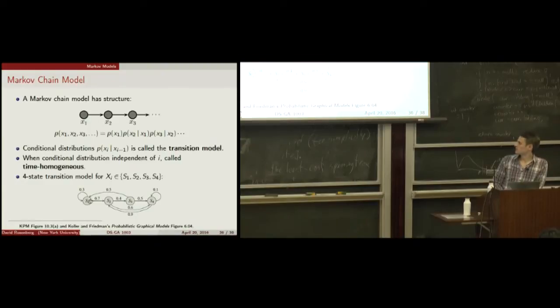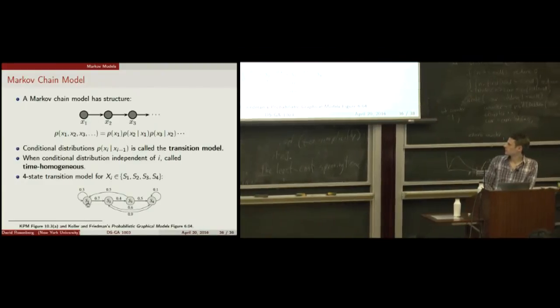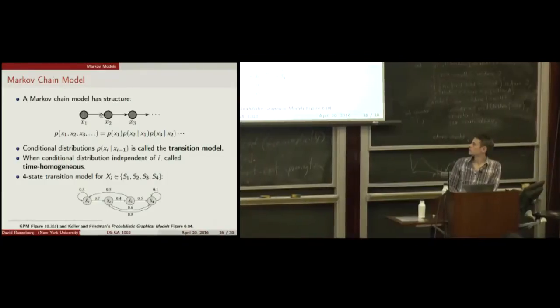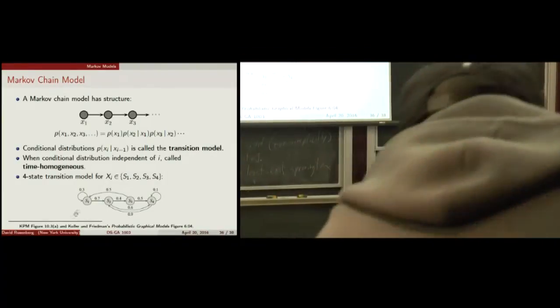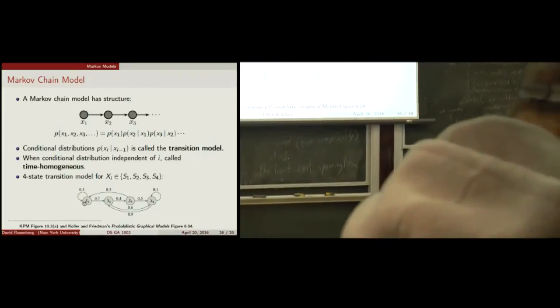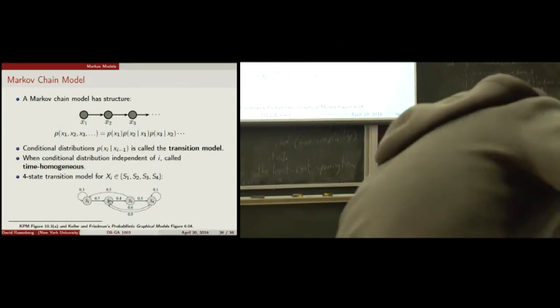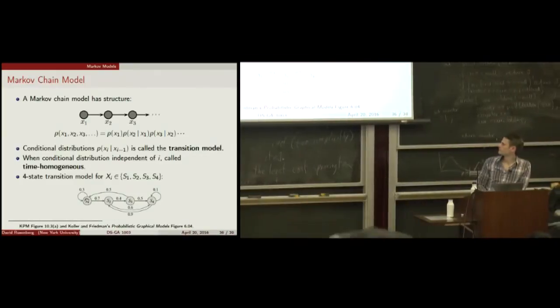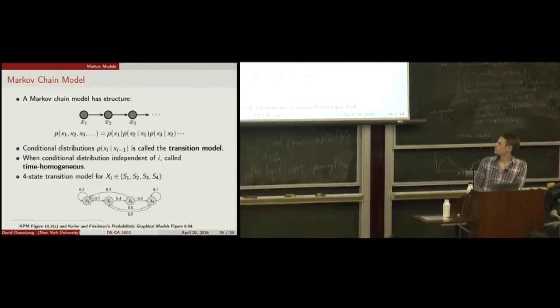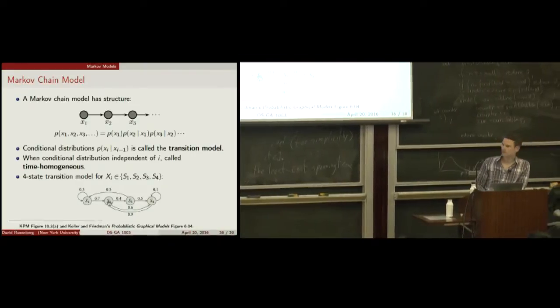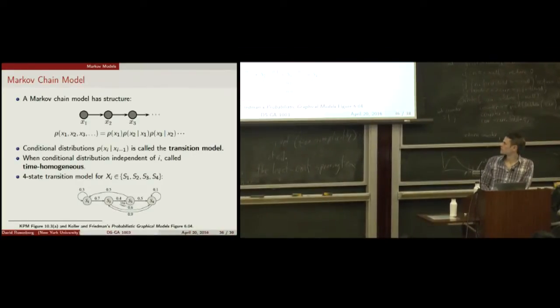If X1 is S1, then X2 can be S1 with probability 0.3. It can be S2 with probability 0.7. And that's it. From S1, we can only end up in S1 or S2. Is this clear? From S2, we can end up in S3 with probability 0.4 or S4 with probability 0.6.